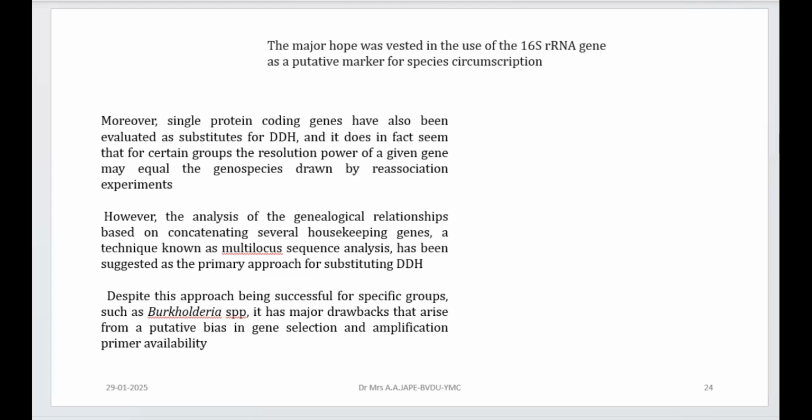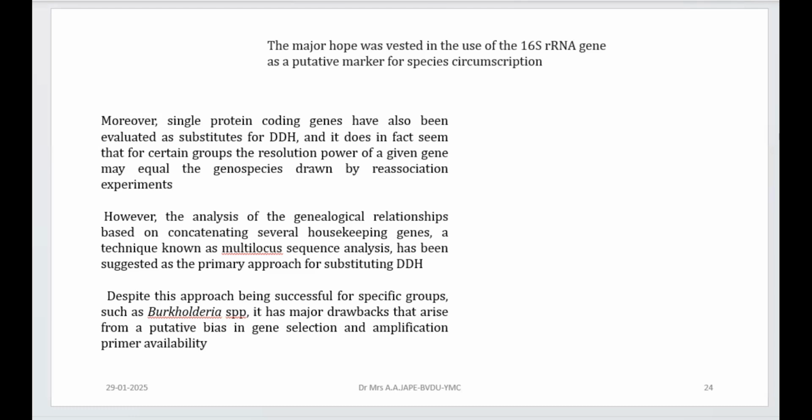Of course, here is one example, Burkholderia species, which has many applications in the commercial market today. When it was approached for classification for specific group positioning, it had a major drawback arising from a putative bias in gene selection and amplification primer availability.